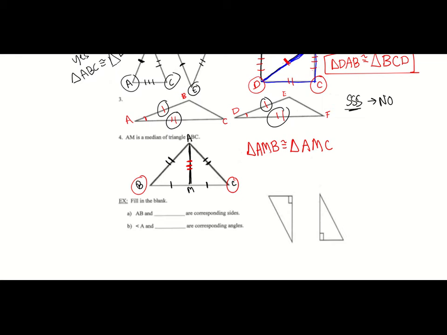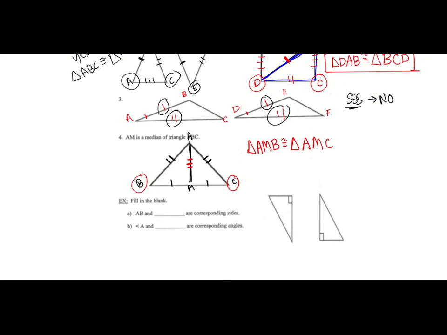Okay, our last one's down here. If we are given that we have triangle A, B, C right here, and D, E, F right here, and we know that these two sides are congruent, these two sides are congruent, and these two sides are congruent.